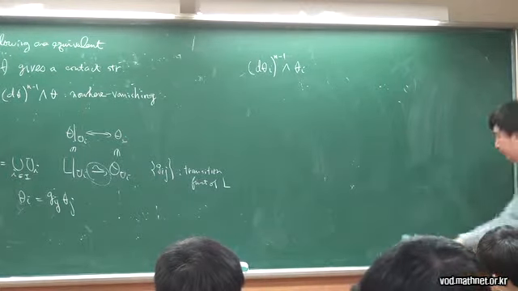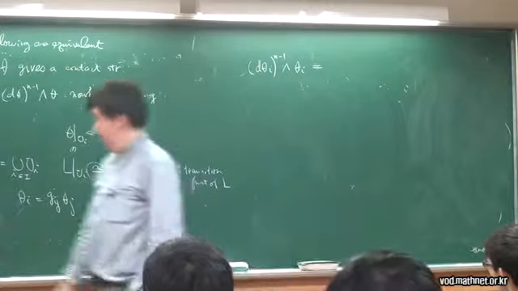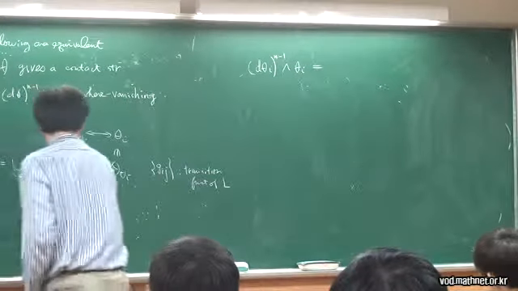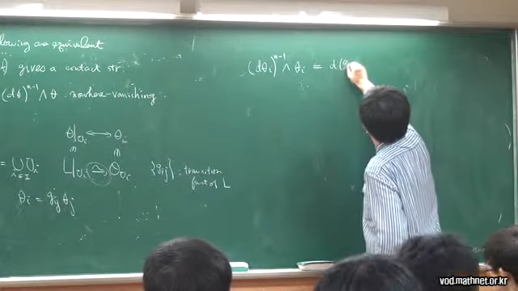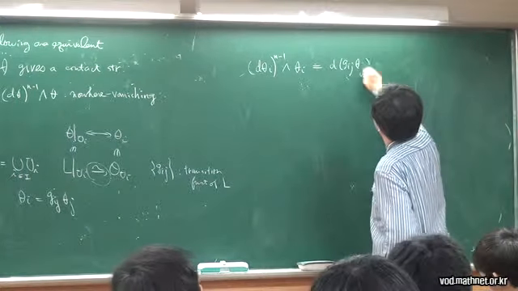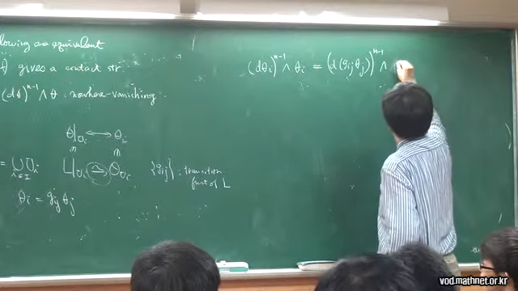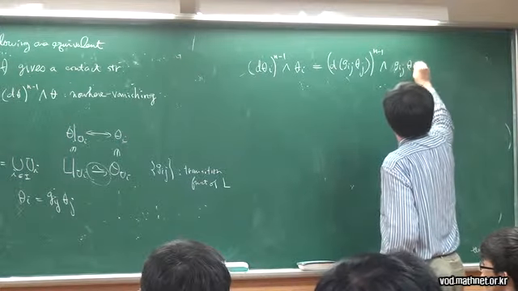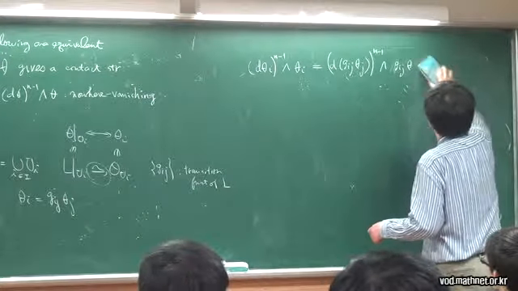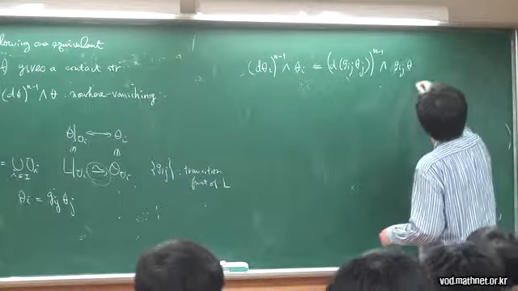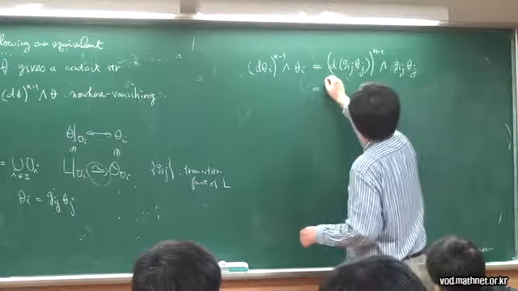This can be written as follows: g_ij theta_j wedge d(g_ij theta_j) to the n minus 1. Sorry, j. This is j, yes. And we expand this.